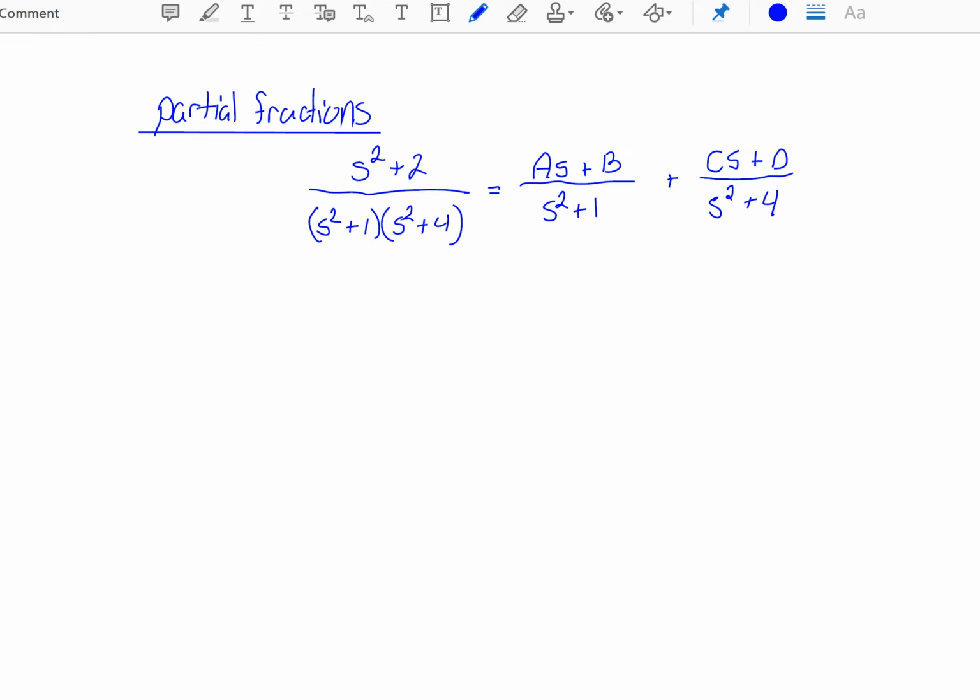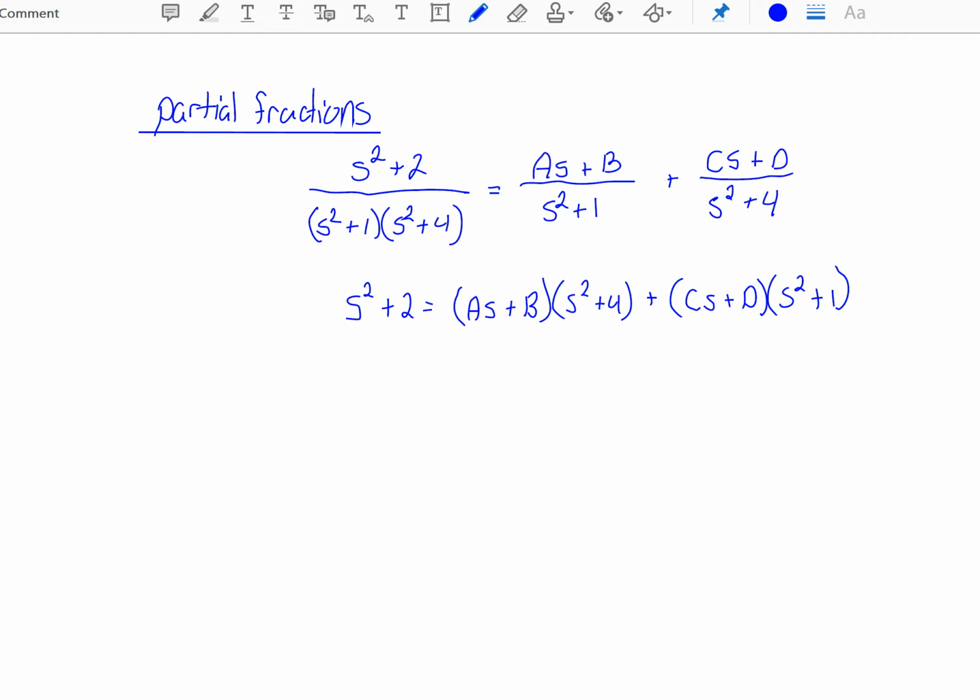Now we're still going to multiply by our lowest common denominator to clear our fractions, which will reduce to s squared plus 2 equals as plus b times s squared plus 4, and cs plus d times s squared plus 1.